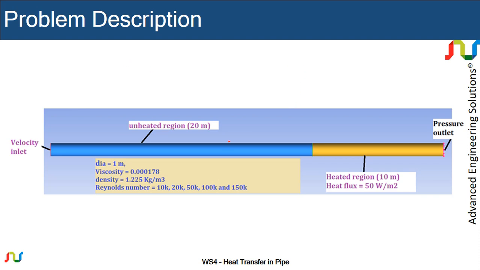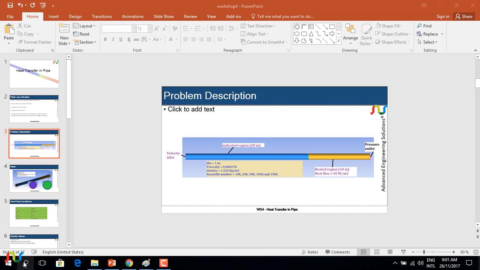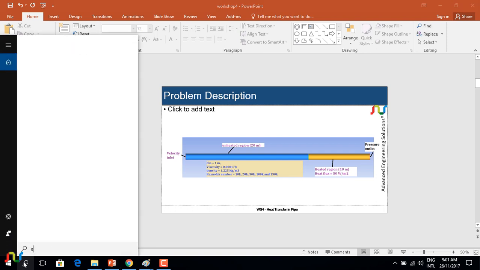So let's create the geometry inside SpaceClaim, which will have a 30 meter total length and a 1 meter diameter. Search for the SpaceClaim Direct Modeler.